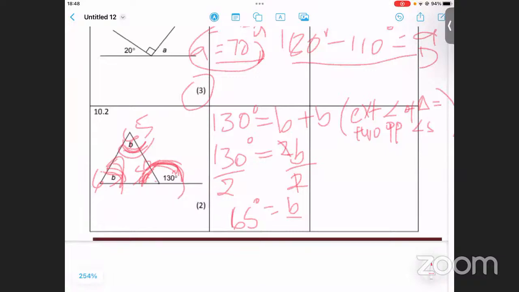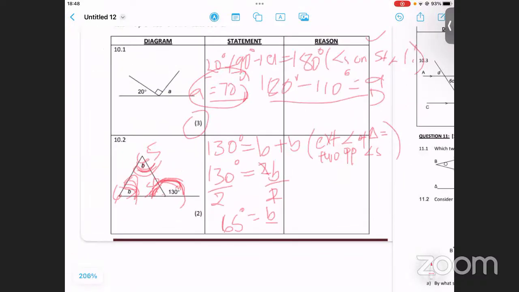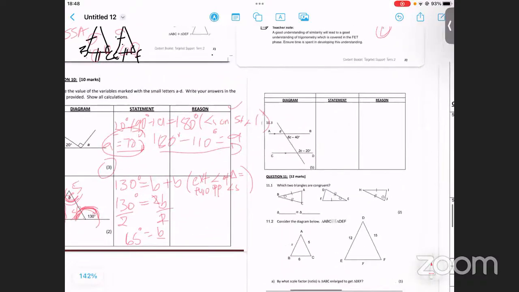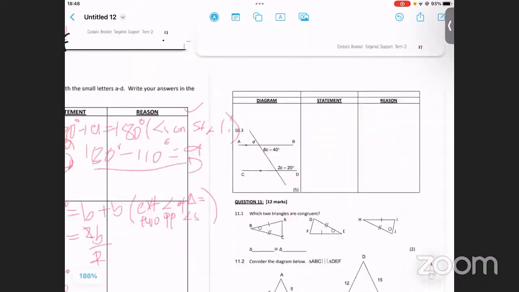If you are getting something that is not 180, then that means we did something wrong, because the sum of the angles in a triangle is supposed to be 180 degrees. So let's see, 65 plus 65 plus 50, it's 180. So that means our answer is correct. Remember, you should also try to prove that your answers are correct.